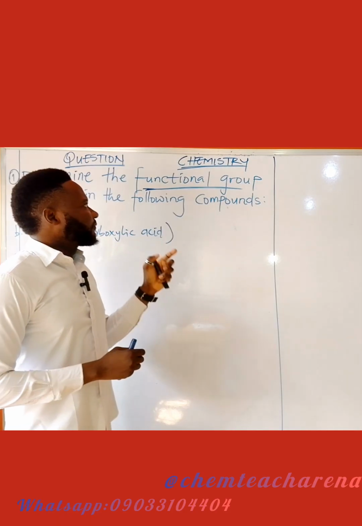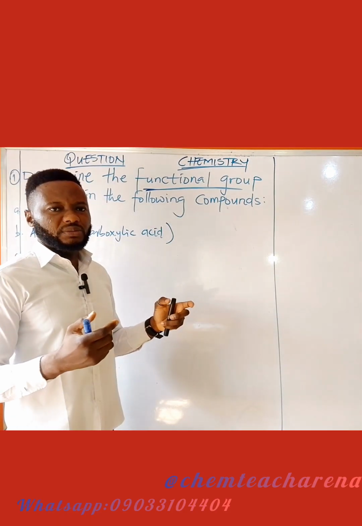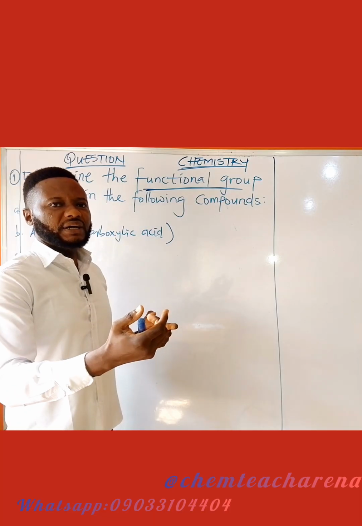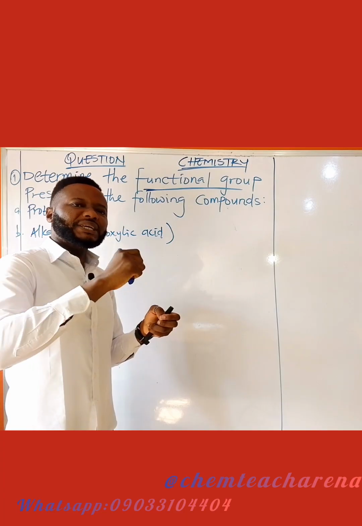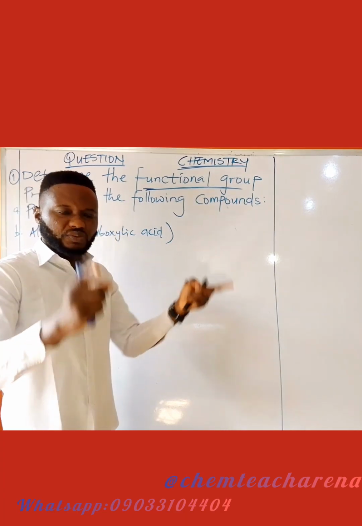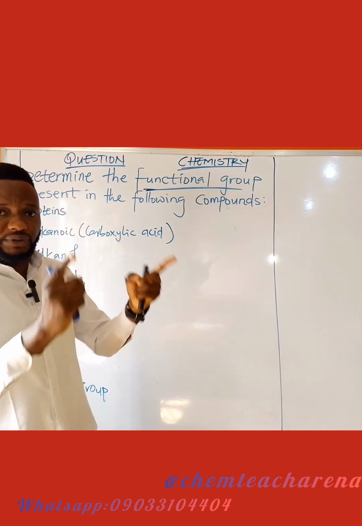I repeat, a functional group is an atom or a bond, even a radical, that is present in a molecule which determines the chemical properties of that compound or of the molecule.